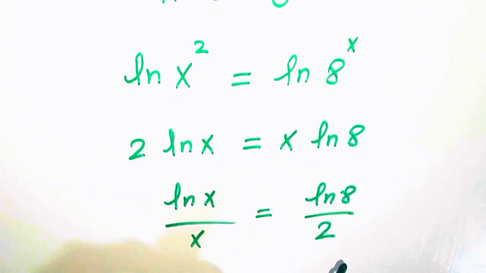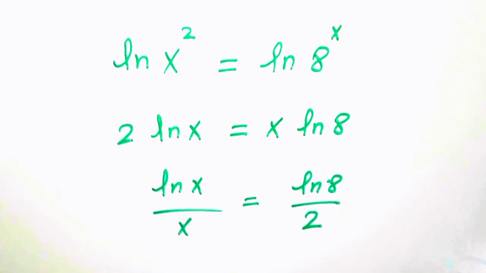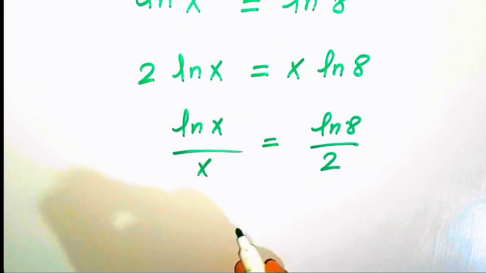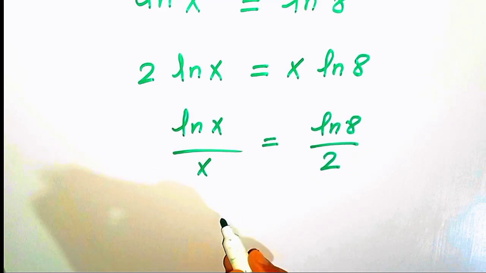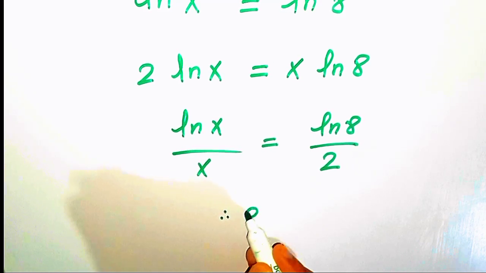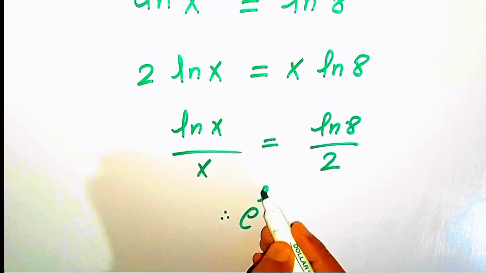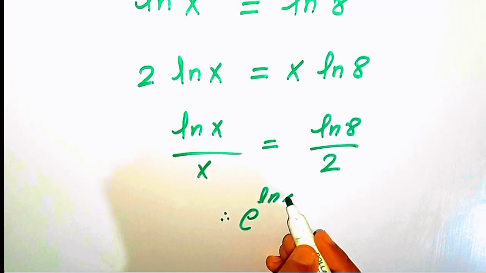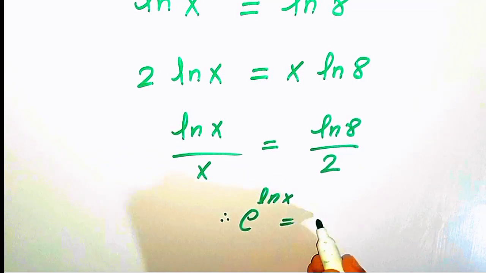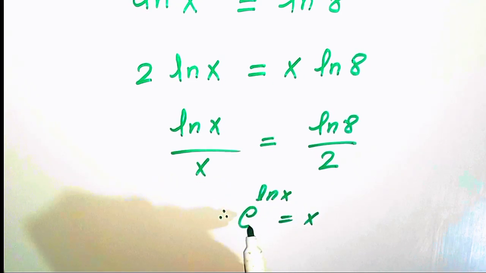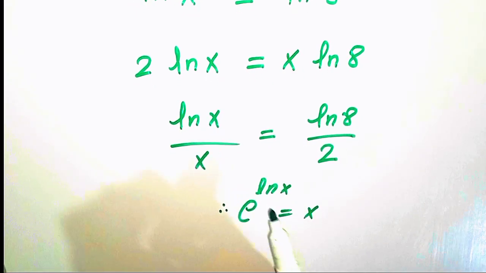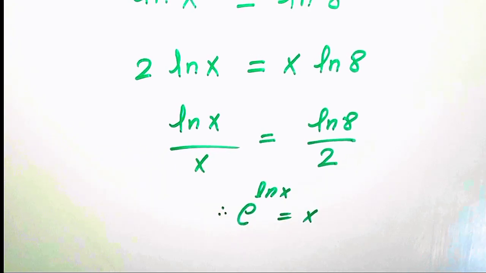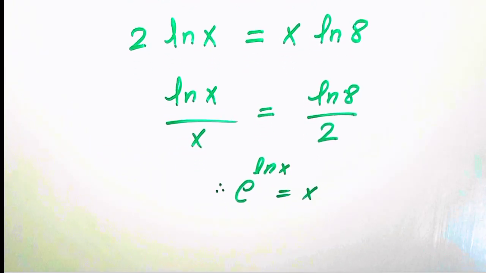Now we use an exponent property: e power natural log of x gives x, because e and ln cancel each other out.